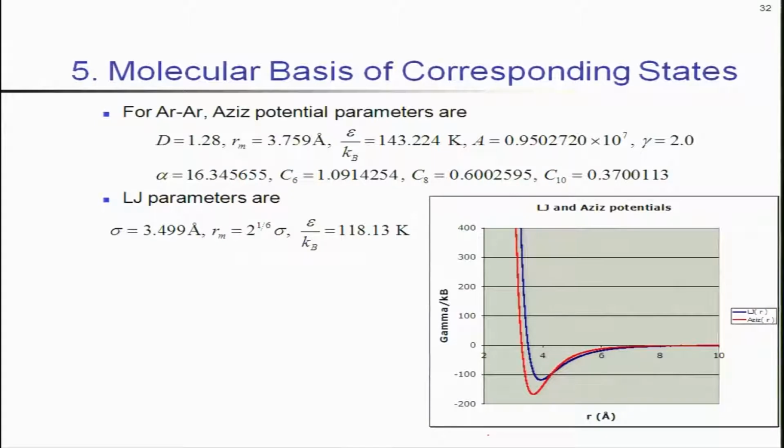If you use all the parameters one can get for the Aziz potential, and compare that to the Lennard-Jones parameters for argon-argon, then the LJ potential is the blue one, and the Aziz potential is the red one. Very close by, and thus we lose some information, and Aziz is a very accurate potential.